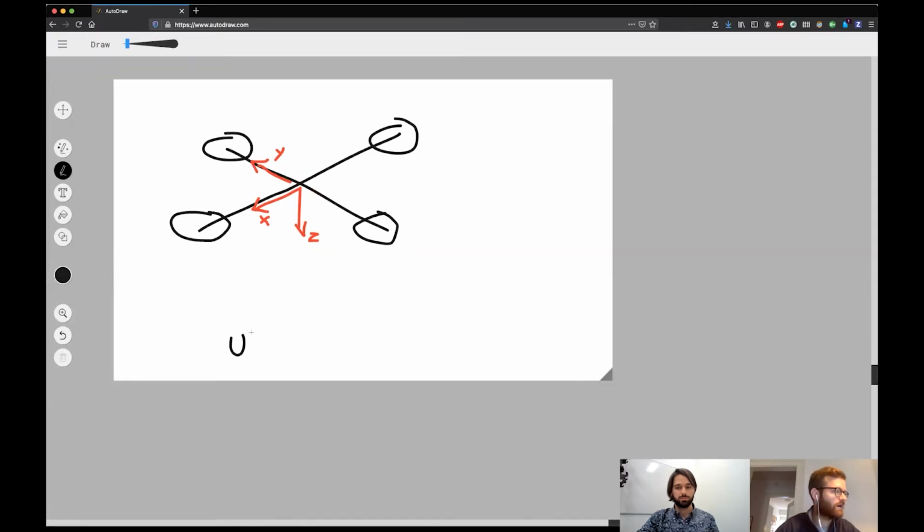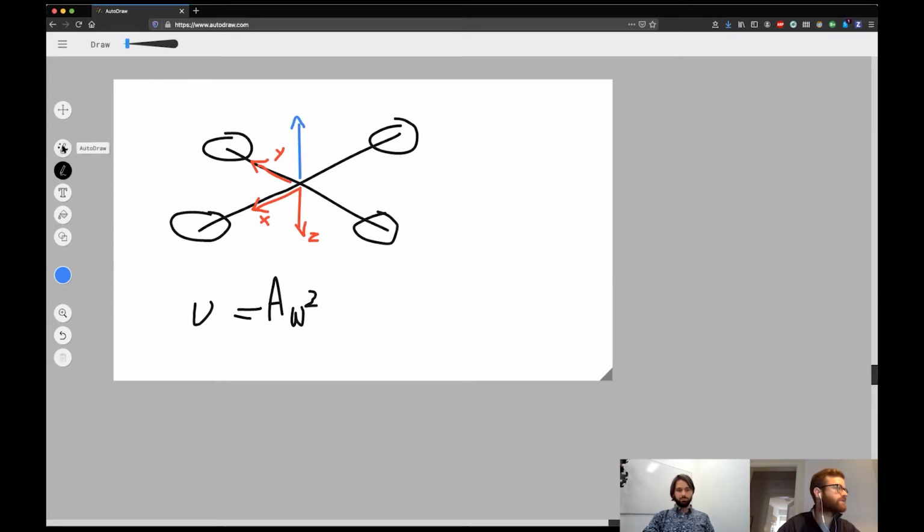So how do we get the vector of the u's as a function of the allocation matrix A and the squared rotor speeds, omega squared? I'm sorry for not being able to draw so well here. The idea is that we always define these virtual inputs to be u. One is the vertical acceleration in the body z frame.